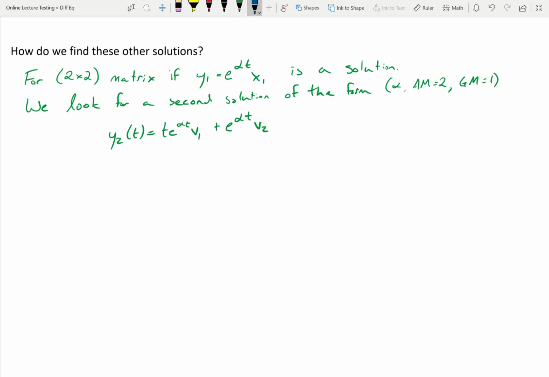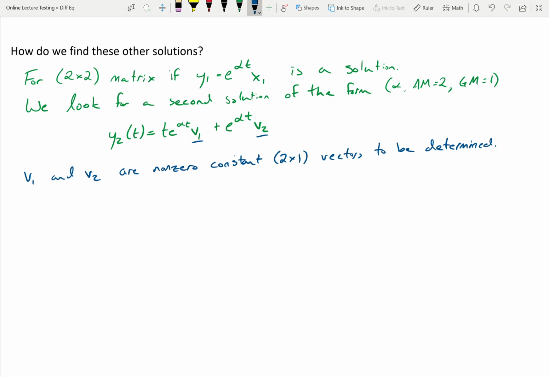Here, v1 and v2 are non-zero, constant 2 by 1 vectors to be determined. So we don't know these guys yet, which makes sense because if we knew them, we'd skip a lot of this hassle here.